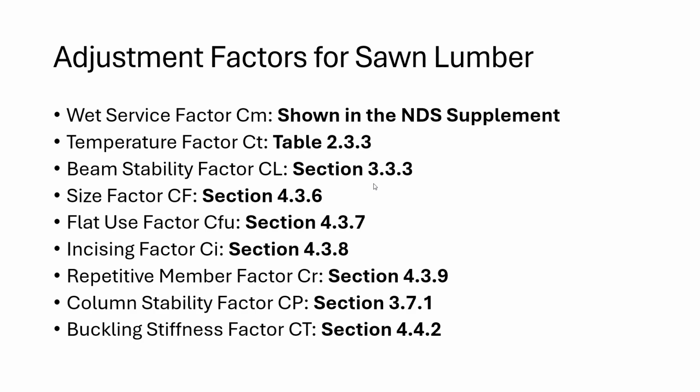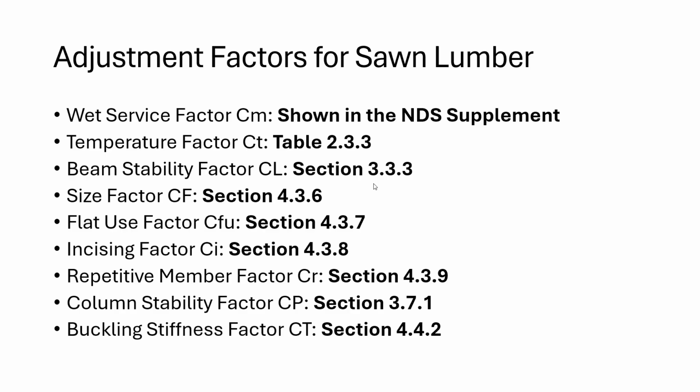So for instance, a 2x4 on the wide side, the 4-inch facing down, or 4 inches in the Y plane, you're going to have a reduction in the overall strength because you're not using the member to its full capacity by putting it on its flat side. And so this factor takes that into account.